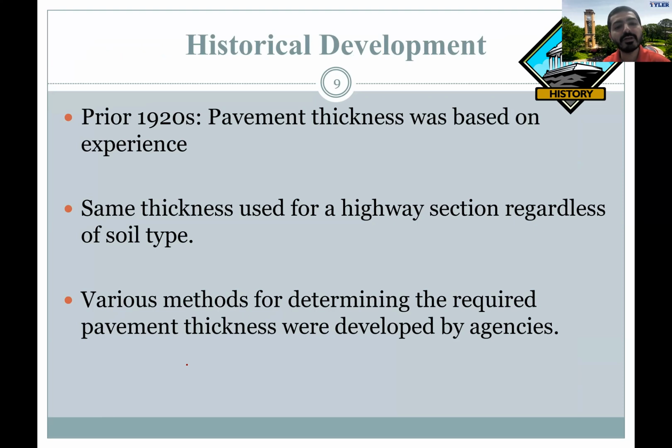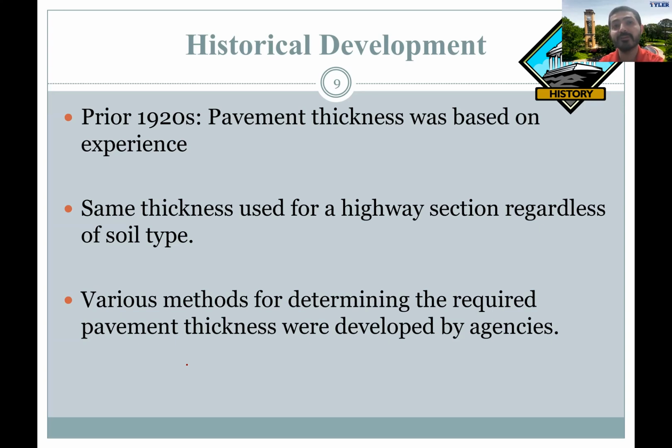A little bit of history here. I'm not going to dive into it that much, but before 1920, which is almost a century ago, pavement thickness was based on experience. There were not many theories or equations. As I told you a couple minutes ago, if a cross section was designed in Chicago, Illinois, and it works really well there, people would implement the same thickness, the same method, the same everything in Phoenix, Arizona.